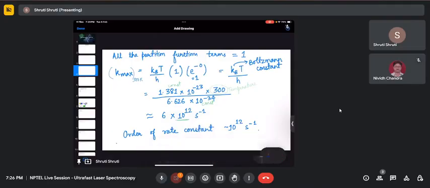Now the unknown quantity here is this I, the intensity of absorbance. We need to calculate this one, and we need to eliminate that term to get the expression in terms of intensity of emission only. So absorbed intensity can be calculated from the expression of absorbance, log of I naught by I, which we just used.